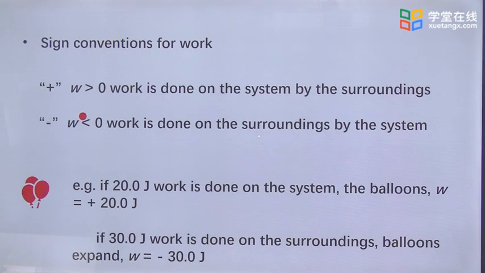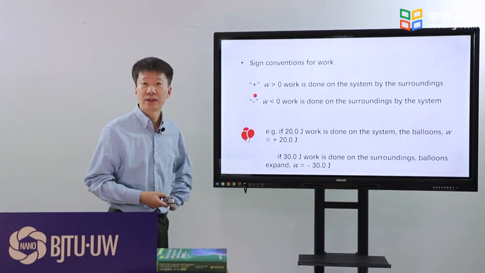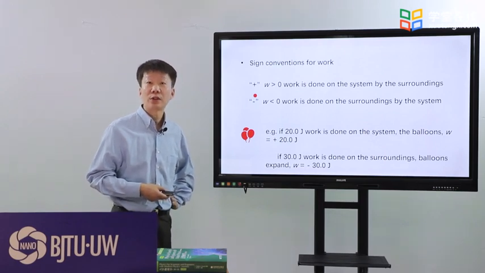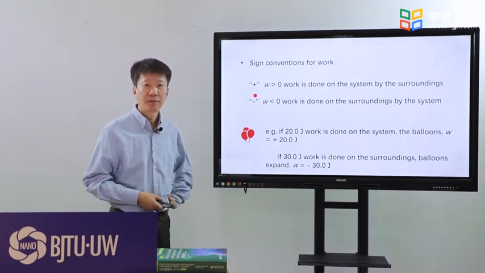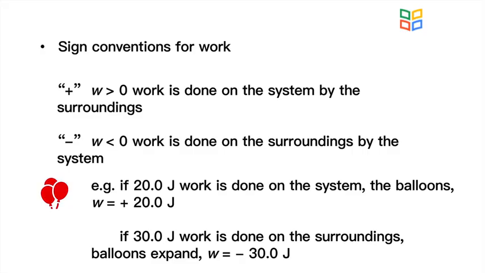Usually, we add a sign in front of the work value to indicate whether the work is done on the system or not. A plus sign, or say the work is positive, shows the work is done on the system. If a minus sign is used, it means the work is done on the surroundings by the system.